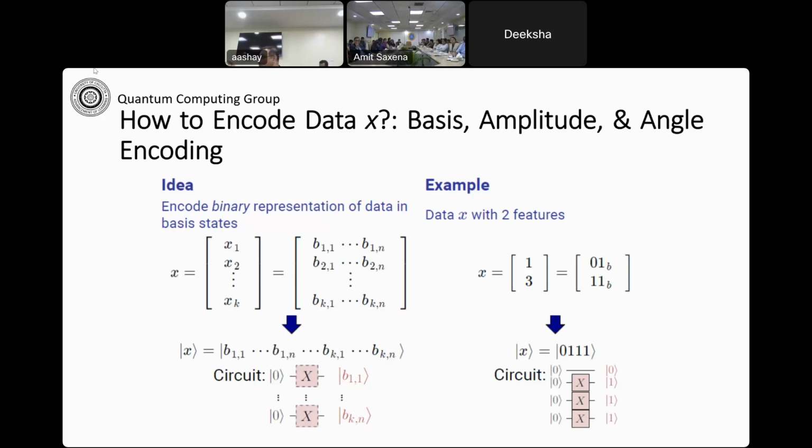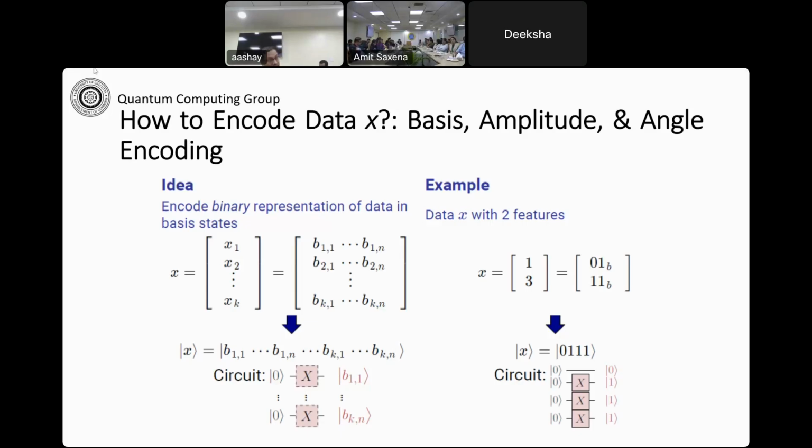For example, I show a feature vector having two features, 1 and 3. I expand 1 in binary, I expand 3 in binary, and then I develop the quantum encoding using 4 qubits, which are initialized with 0, 1 and 1, 1.